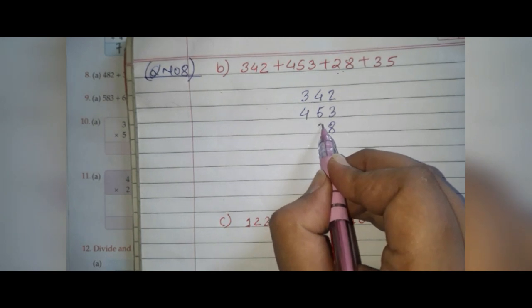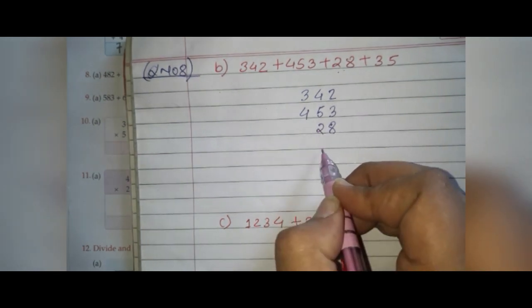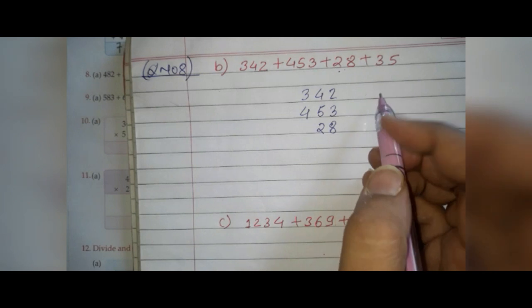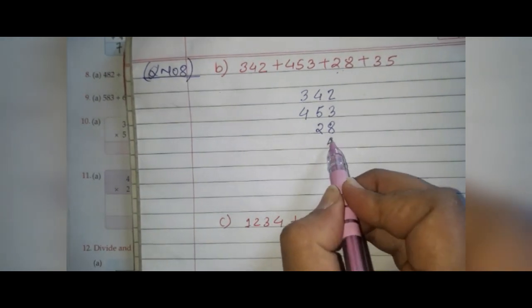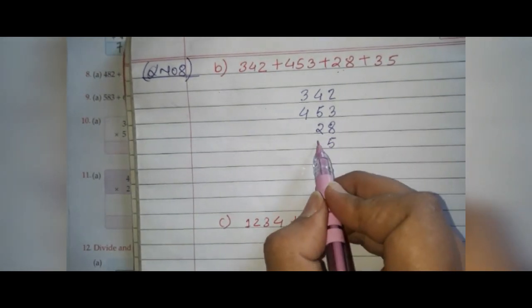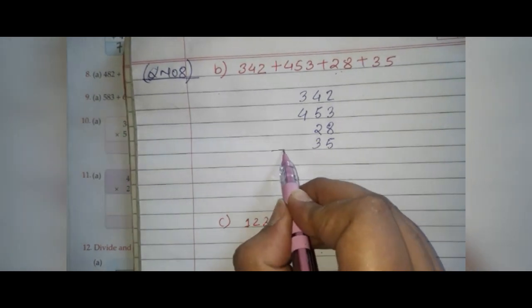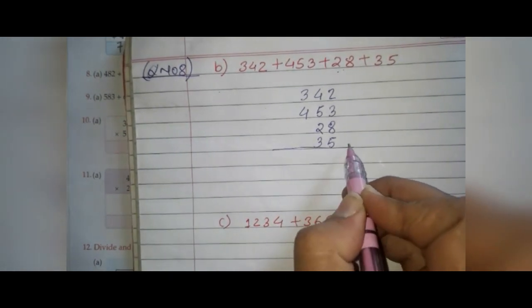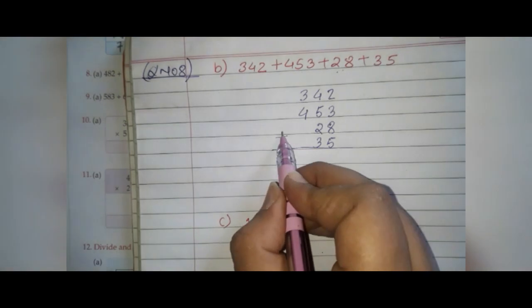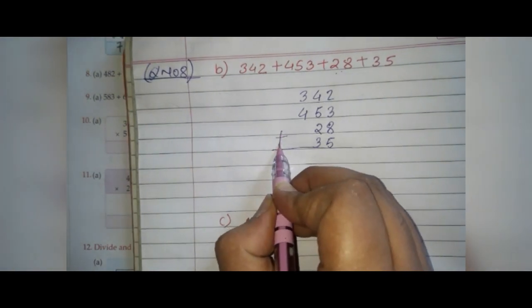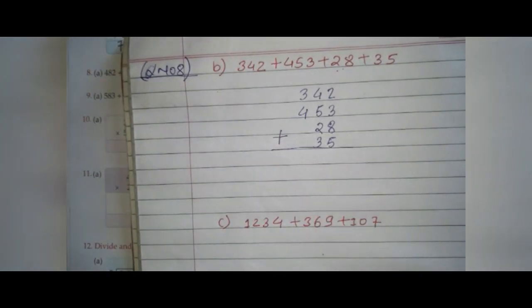That is how we arrange the numbers which are not same in the digits. Next number is 35. 5 will come under 8 and 3 will come under 2. This is how we arrange the numbers which are not same in digits, and then we're going to add these numbers.